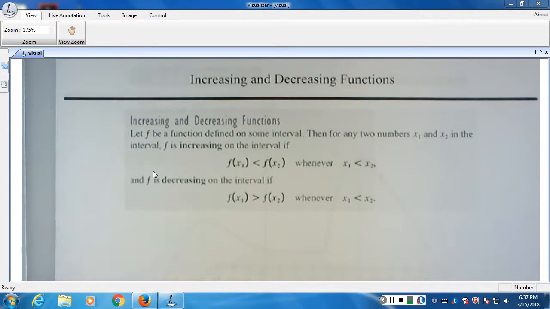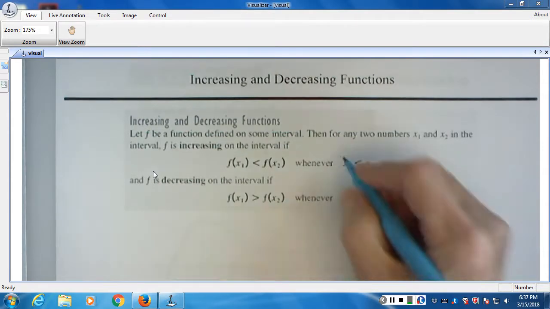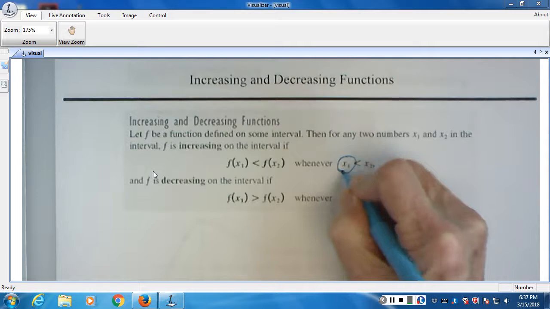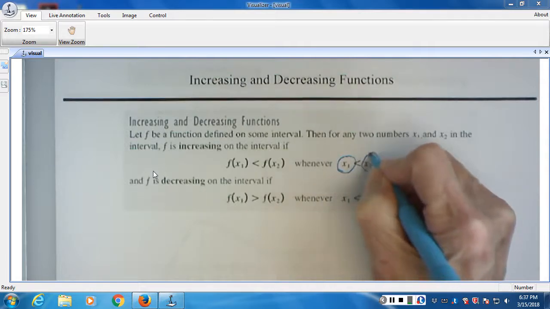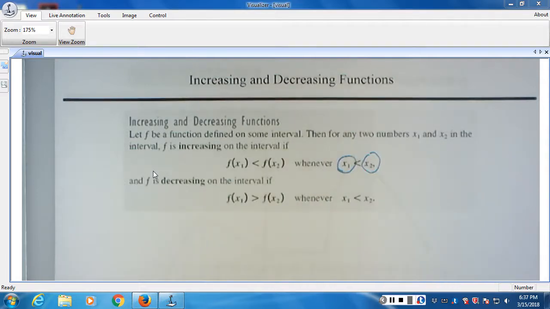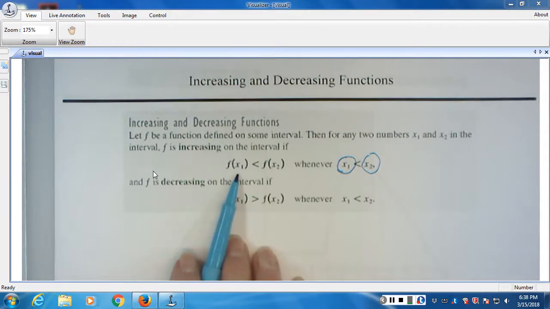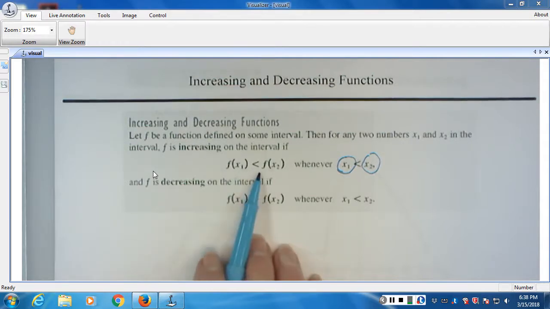Essentially what this says is that as long as you have the first number smaller than a second number, like if the first number is 1 and the second number is 5, then if f of 1 is smaller than f of 5, if you plug 1 into the function, you get a number, and you plug 5 into the function, and you get a number.